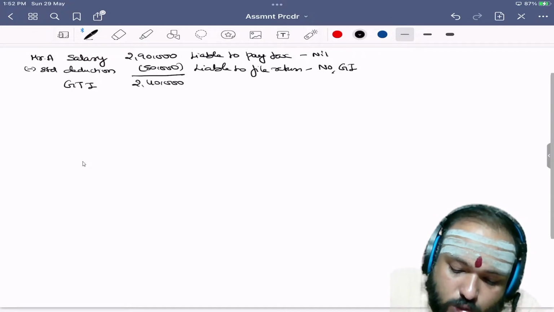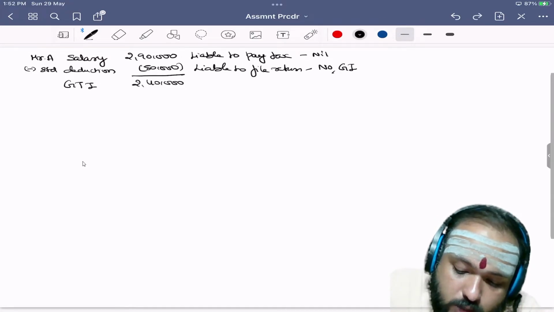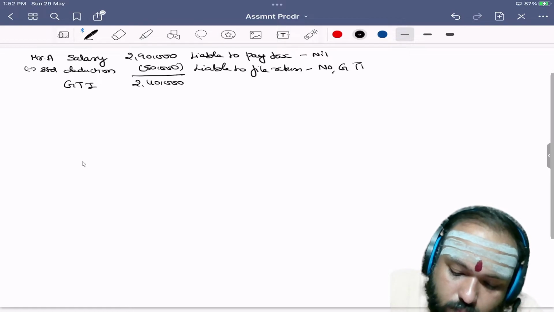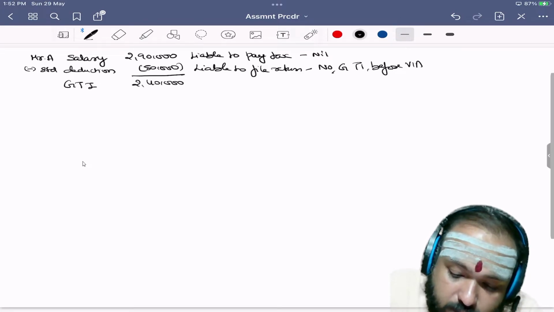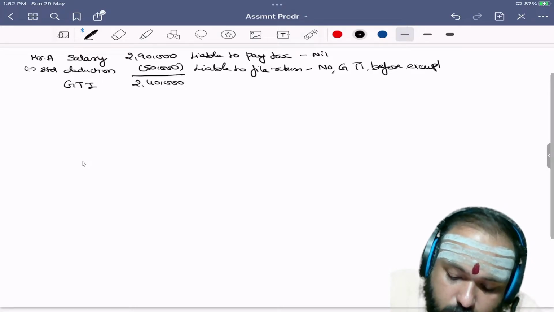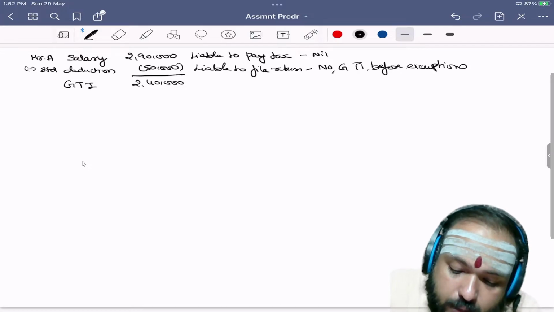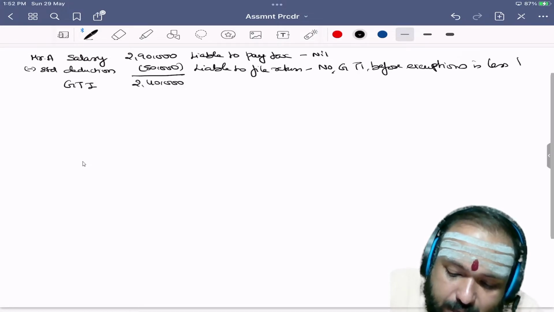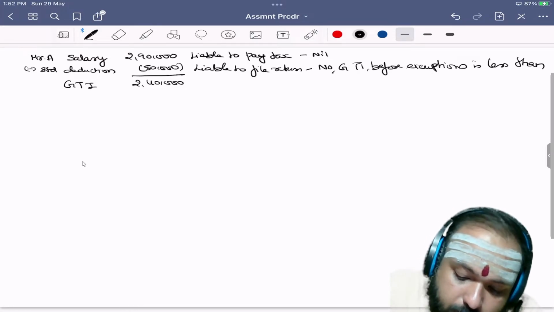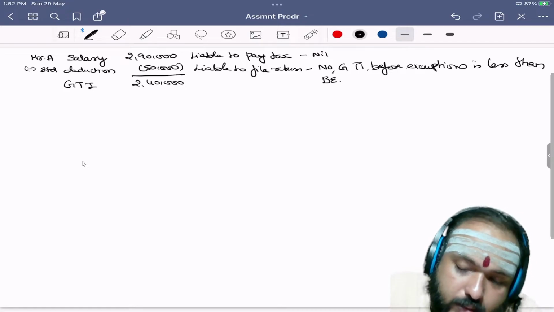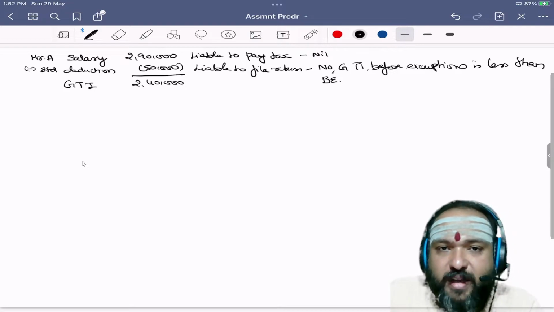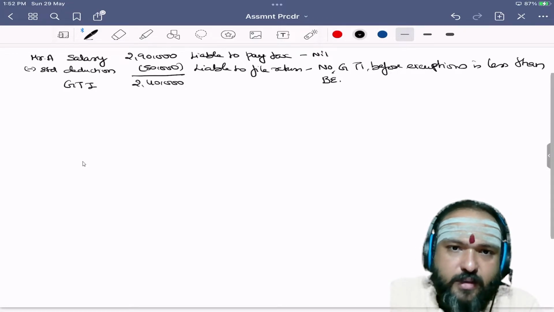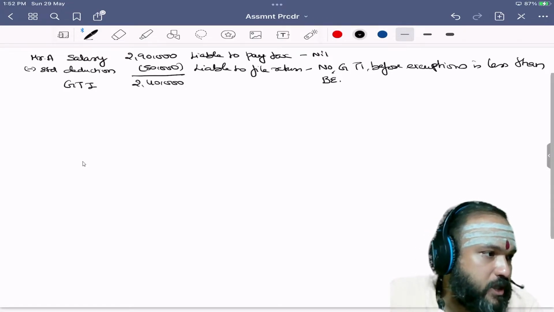Because gross total income before exemptions is less than basic exemption. Therefore, there is no mandate for Mr. A to file the return of income. Fine.